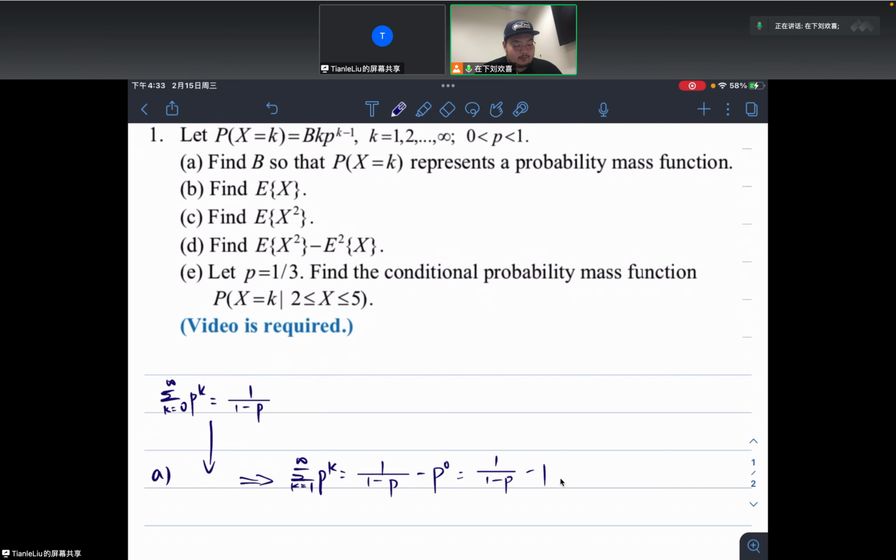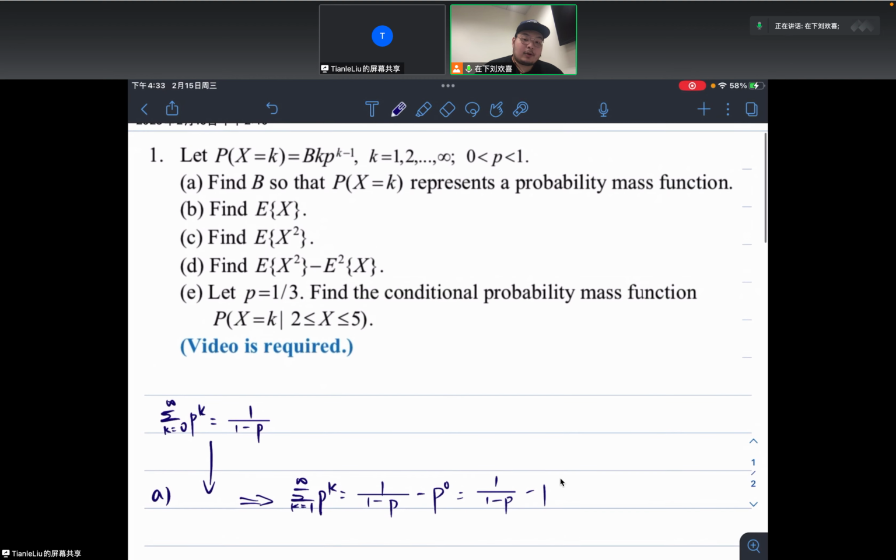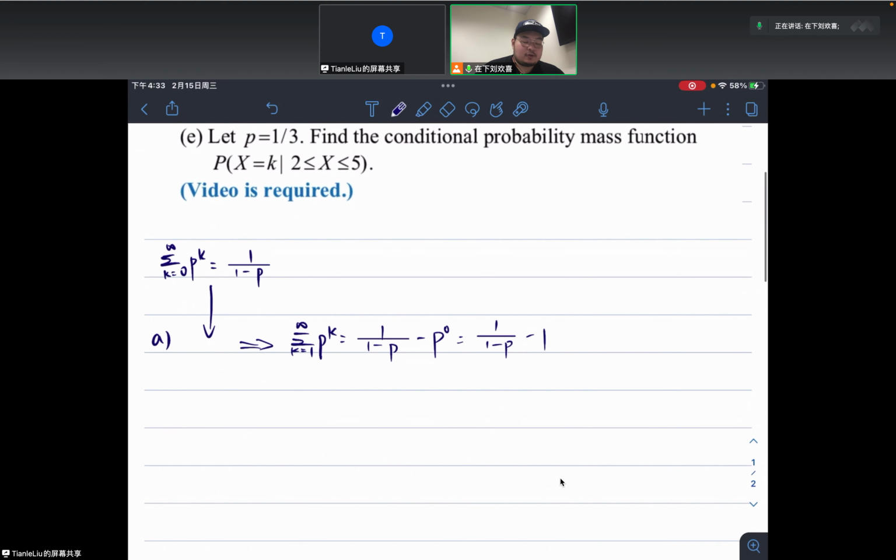And now we have the sum, and then how do we get k multiplied by p to the order k minus 1? Well, it's kind of like using the derivative to do that differentiation.